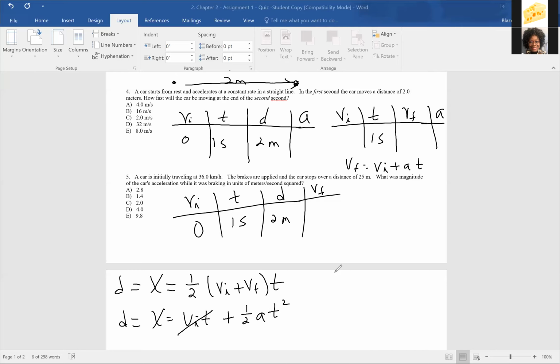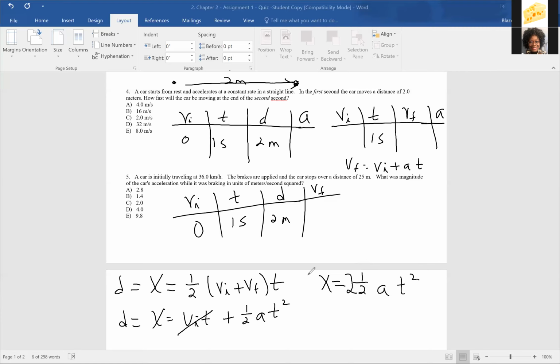So let me show you again, because I was talking to someone earlier, and I want to show you again this algebra. My objective is to get this A by itself. So the first thing I do is multiply both sides by the reciprocal of this fraction. The reciprocal of 1/2 is 2/1, which is just 2.